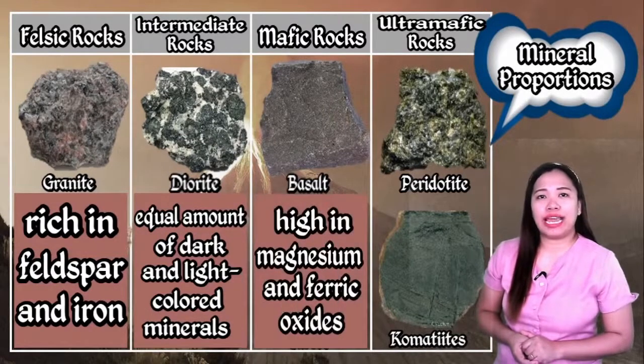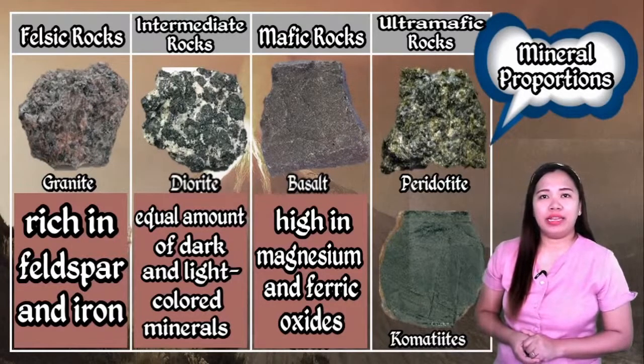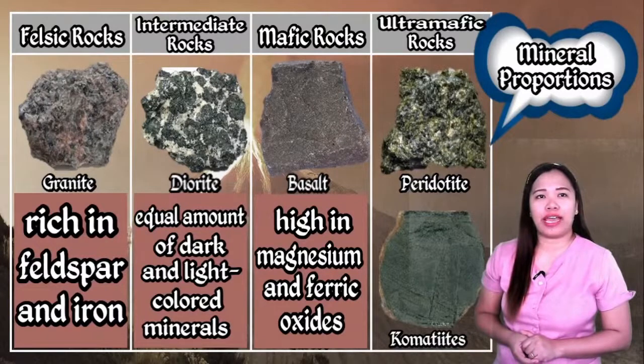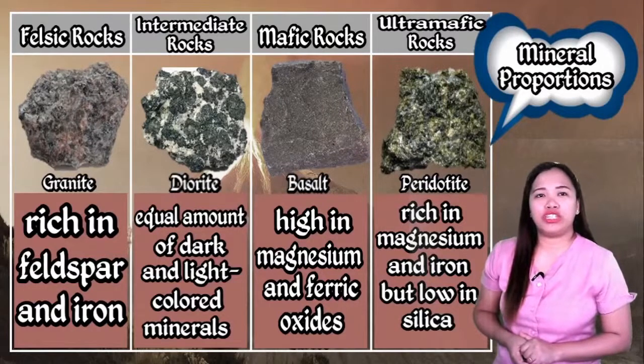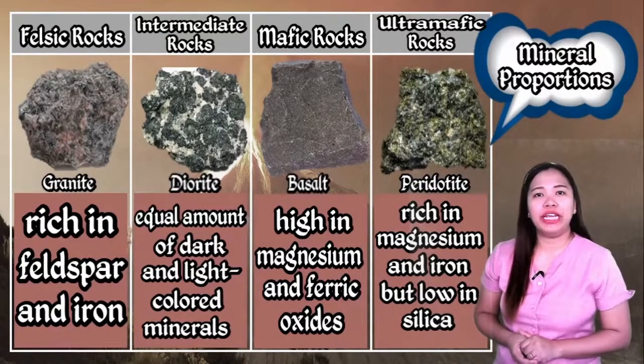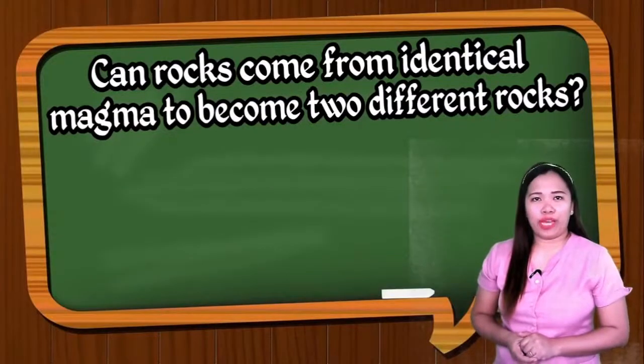Mafic rocks like basalt and gabbro are typically dark in terms of color because they are high in magnesium and iron oxides, while ultramafic rocks like peridotite and komatiite are rocks that are rich in magnesium and iron but low in silica.